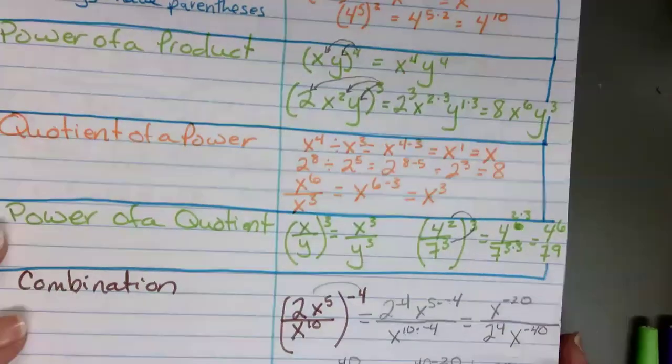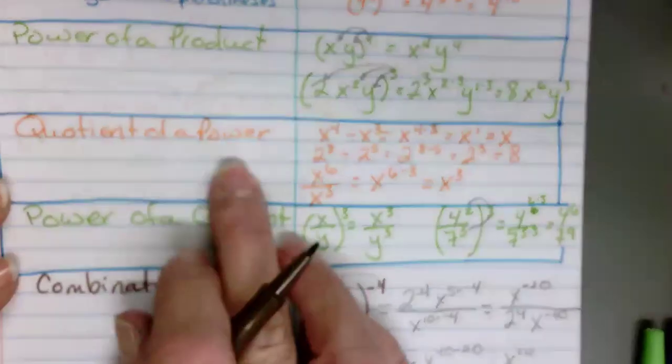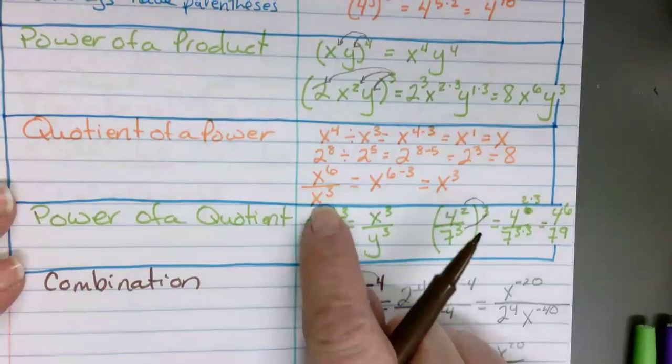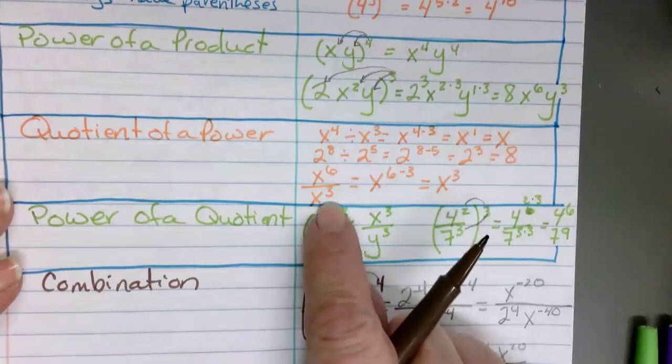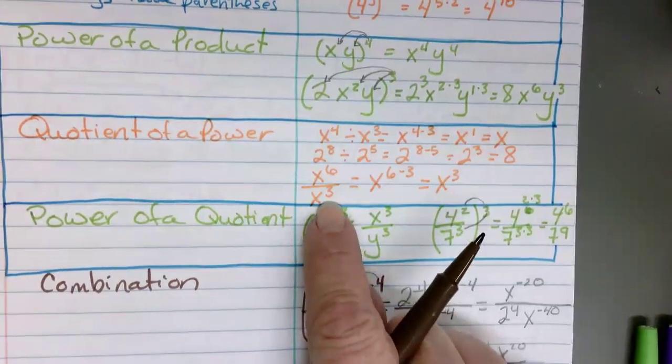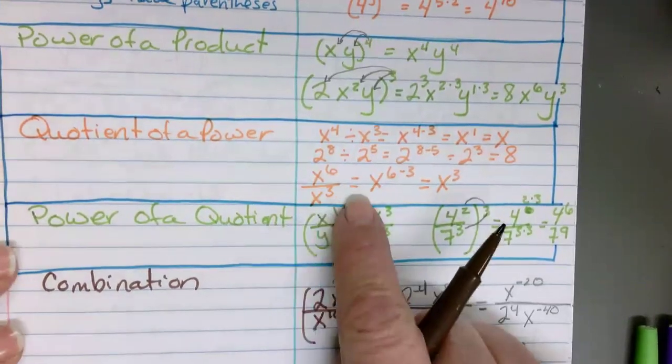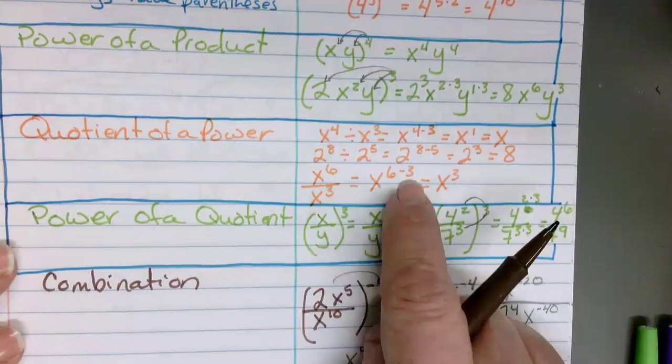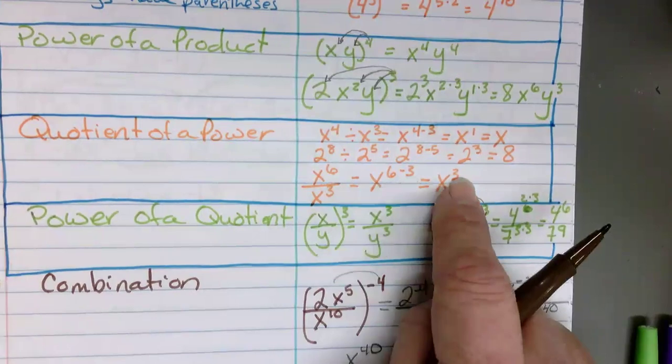I'm going to look in the quotient of a power section. I see that x to the sixth over x to the third looks similar to what I'm working with. And so I'm going to subtract x to the sixth minus the third that was on the bottom gives us x to the third. So I'm going to go do that with my problem.